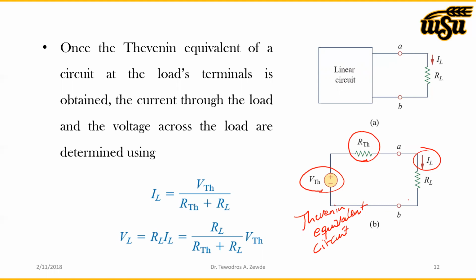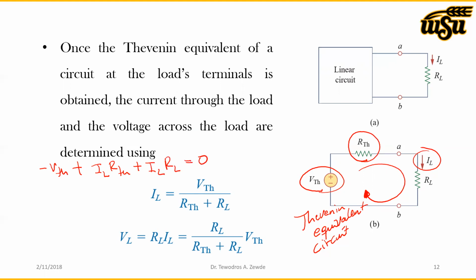And how do we determine that IL? For instance, let's apply KVL through this loop. If you apply KVL, it becomes minus VTH plus IL times RTH plus IL times RL equal to 0.